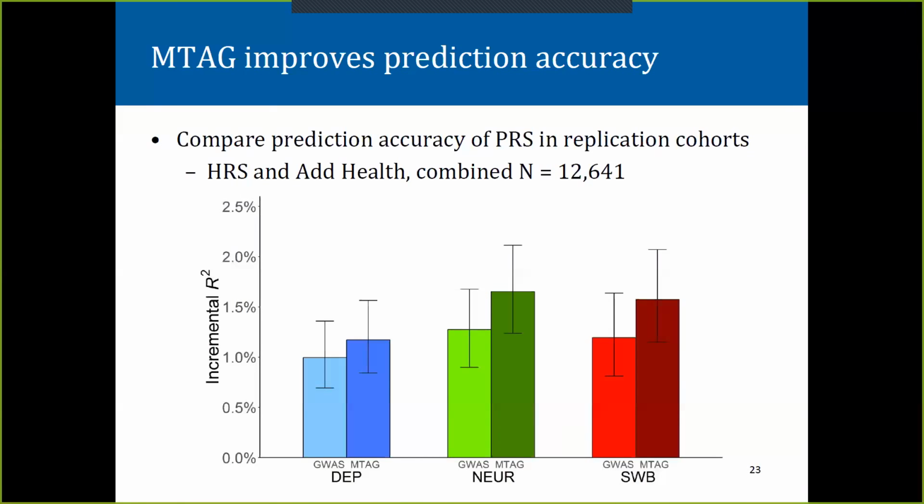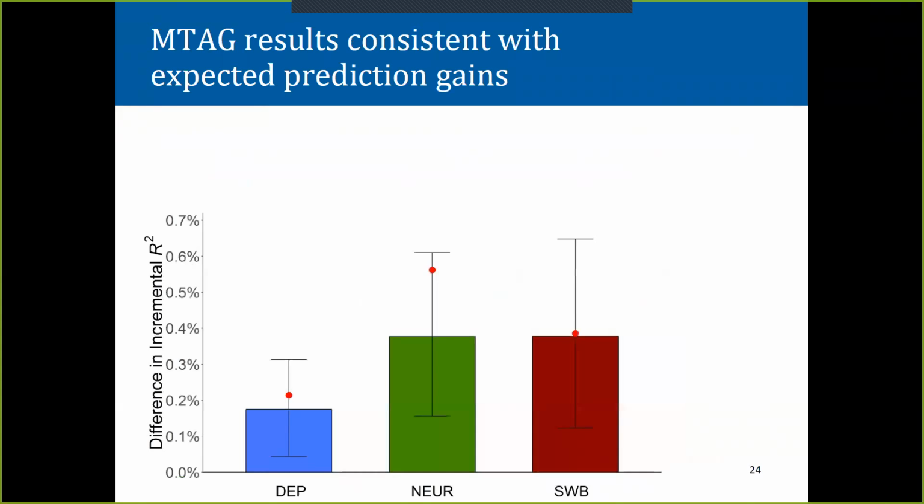If we want to look at whether these increases are statistically significant, you can look at slide 24. And you can see that these increases in predictive power as we go from GWAS to MTAG are statistically significant. And in fact, these red dots in this figure correspond to the predictive improvement that we'd expect to see given the increase in mean chi-squared, the mean chi-squared statistics, in the Manhattan plots that I showed you.